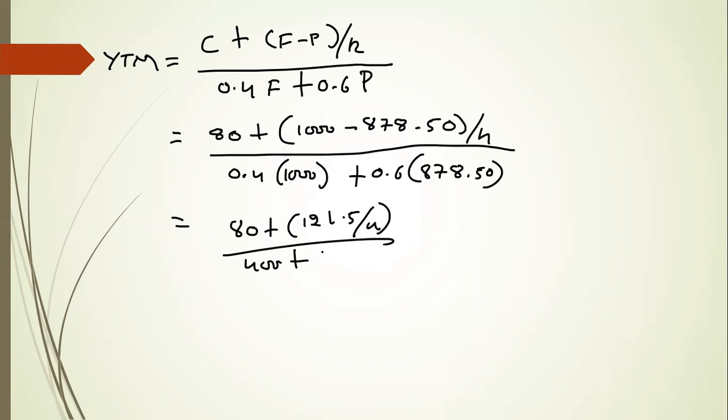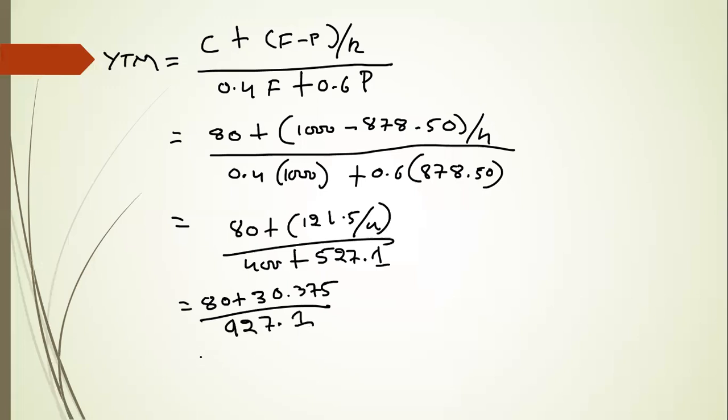So we get 527.1. So 80 plus 121.5 divided by 4, we get 30.375, divided by 400 plus 527.1.